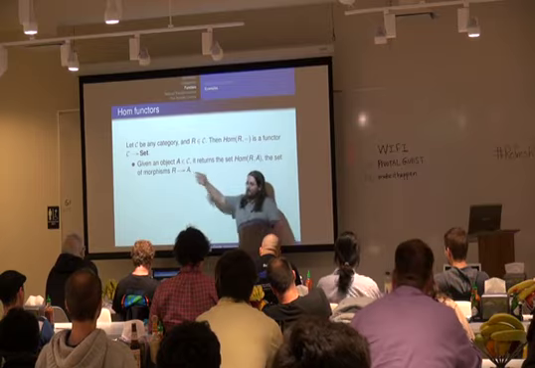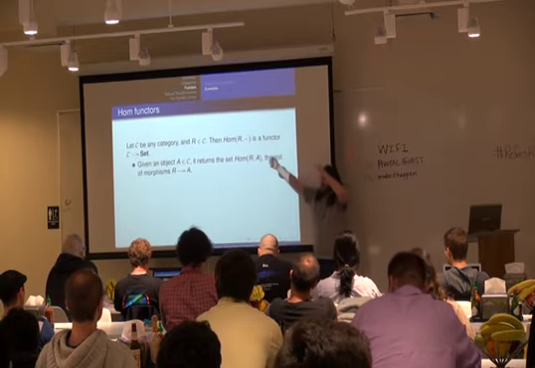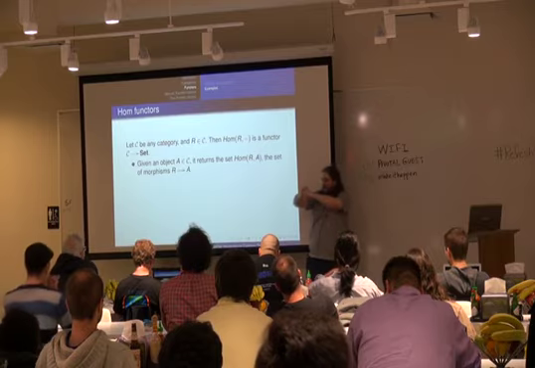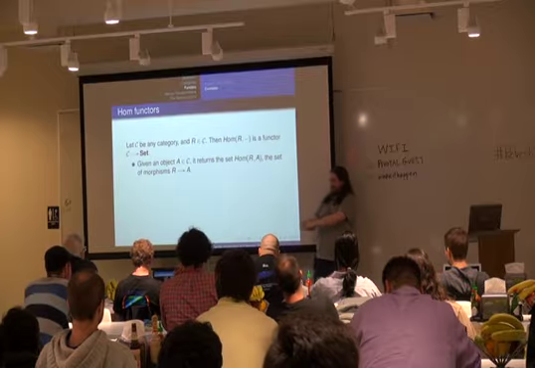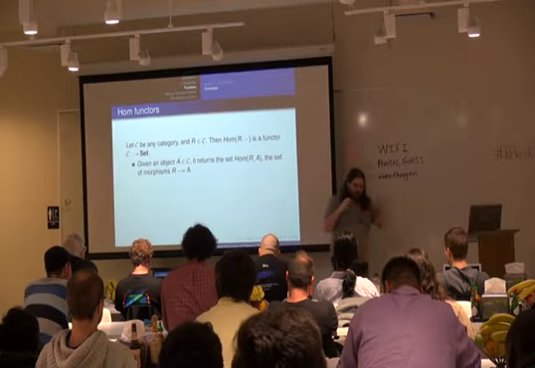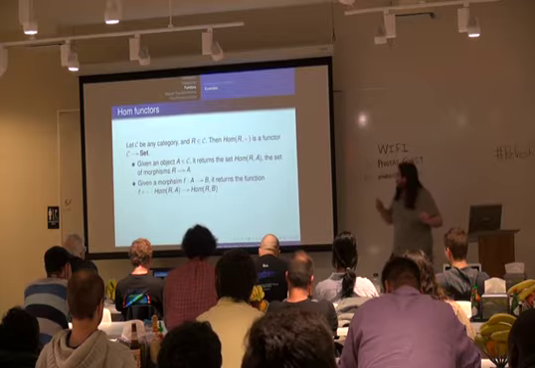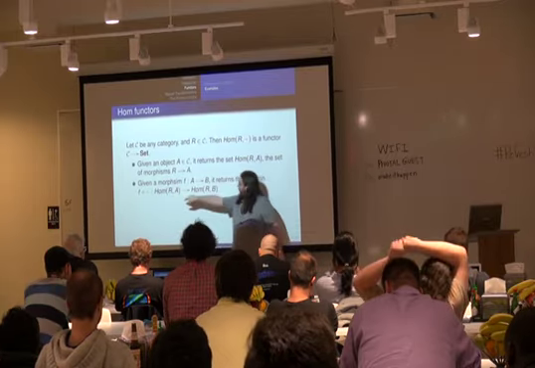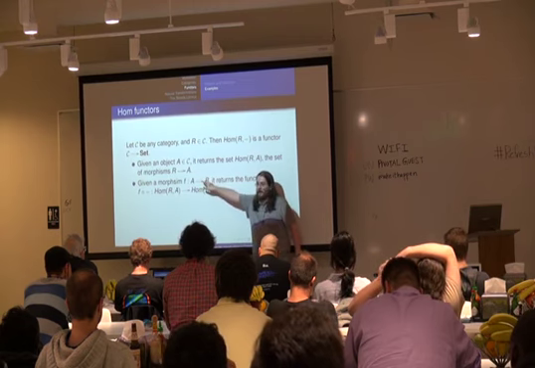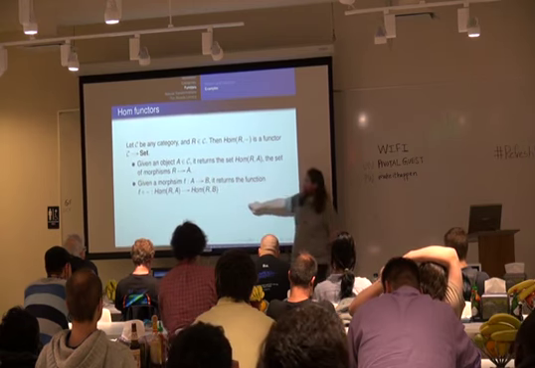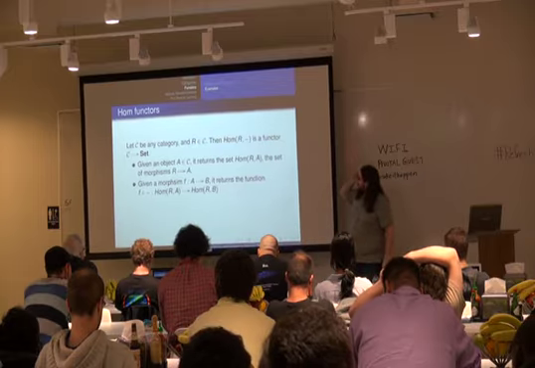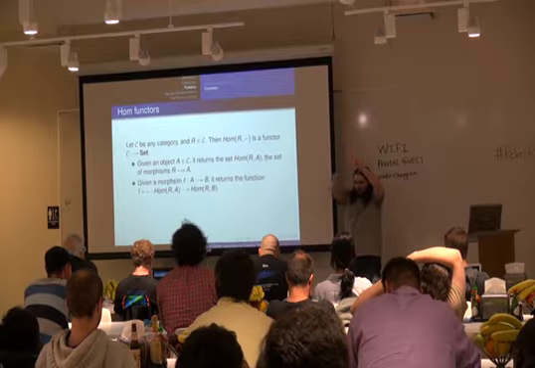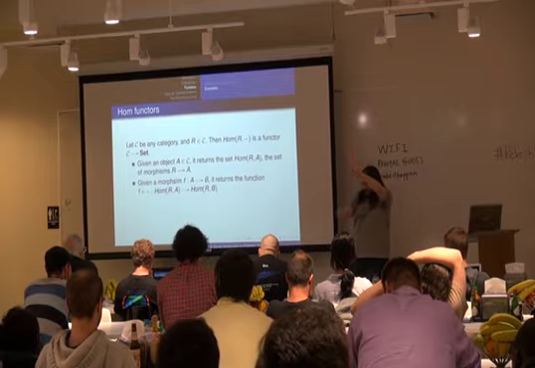So I've got an object A. Now, I've also got my object R, so I can look at all of the morphisms from R to A. I send A to that set. And if I've got a morphism F from A to B, then if I've got a morphism from R to A, I can turn it into a morphism from R to B by composing with F. So this is sort of like, I have my object R and I look at all of the ways that you can get out of it.